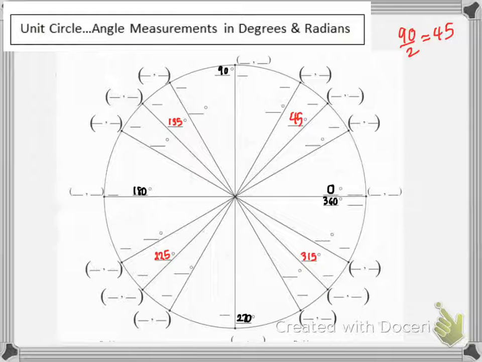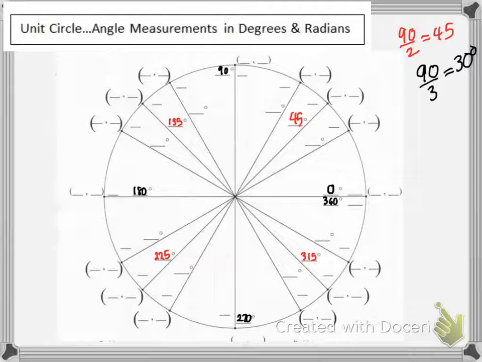Now let's take our 90 degree section and cut it into 3 parts, which is 30 degrees each. So 0 degrees in the beginning. Remember that is always our starting place.